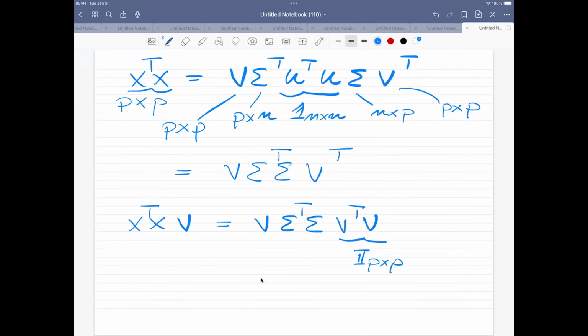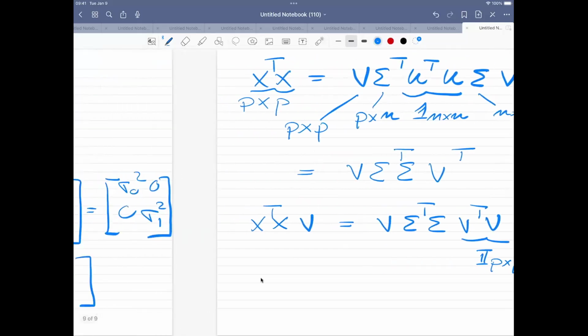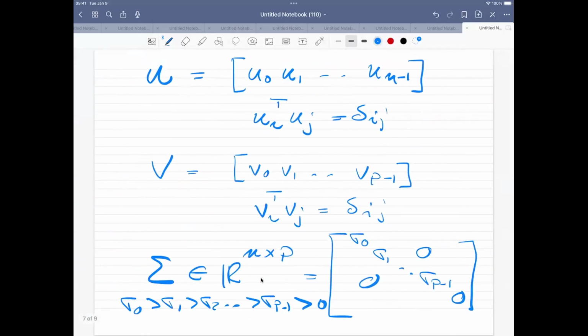Now it becomes interesting because what we have here, if I now pick one of the orthogonal vectors. So remember now that this matrix V, if we go back here a little bit, contains a series of orthogonal vectors.